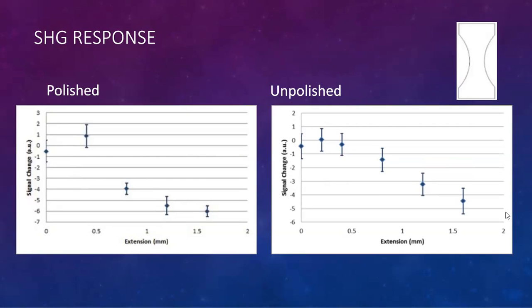But there is a little bit more error and fluctuation because the surface is more rough. Because all of those other tests that we talked about that are currently used require a polished and very clean surface, we polished a set of samples to be able to look at another technique and compare.